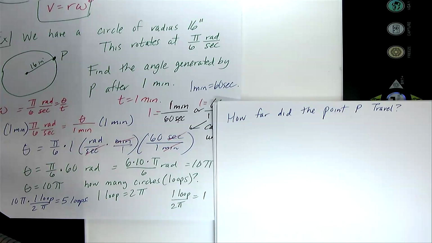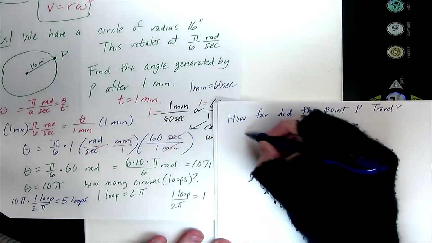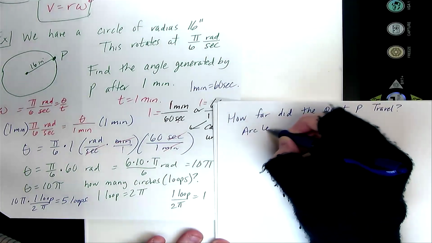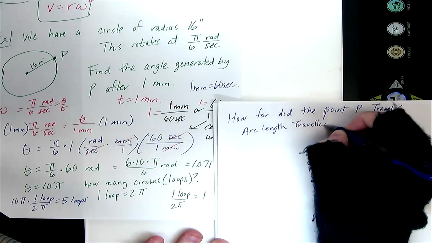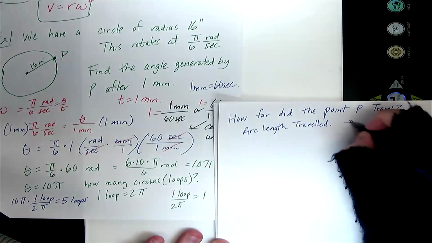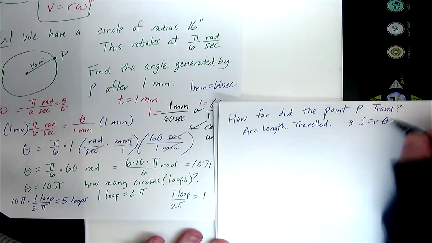What is the movement of P describing? Circumference, but in a smaller sense, if it wasn't a full circle, it's related to the arc. So we're really looking at arc length travel, and that is our good old S equals r theta.